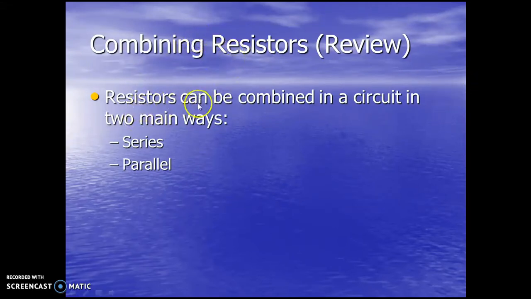Okay, we're going to now talk about combining resistors. So you've covered this before back in grade 9, but it's probably a good idea for us to go through it again. Resistors get combined in a circuit in two main ways, in series and in parallel.